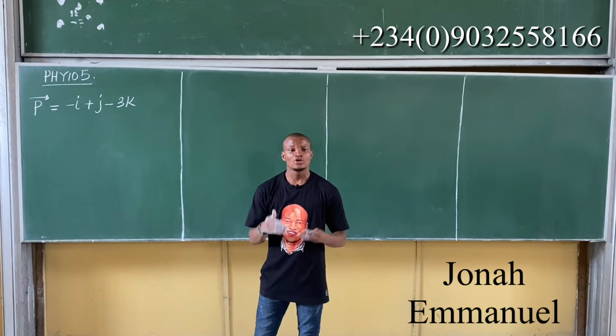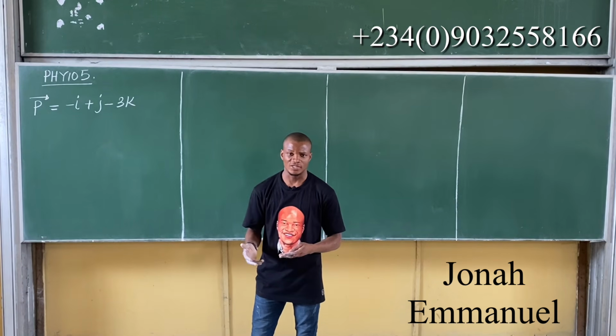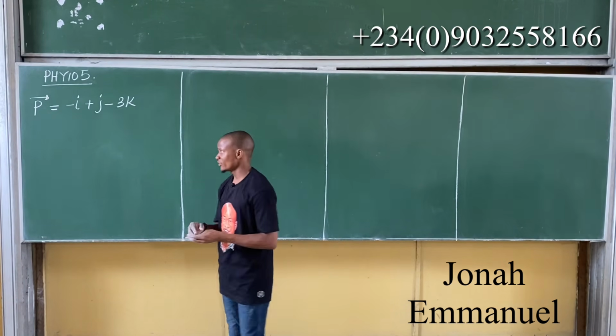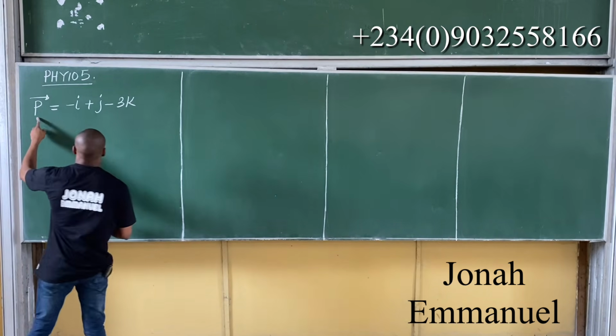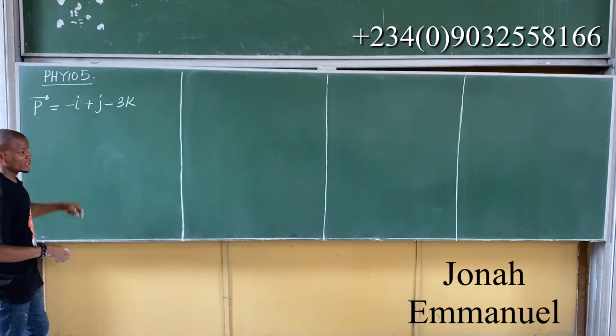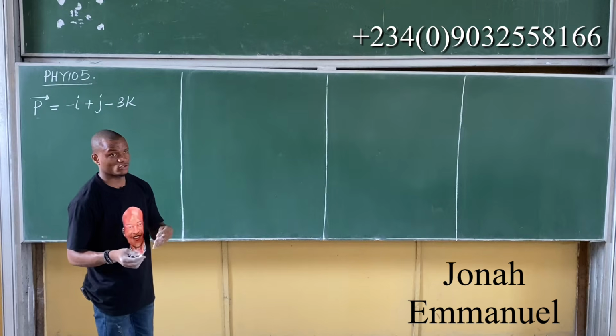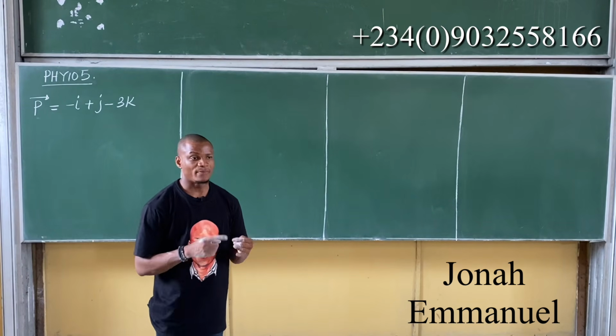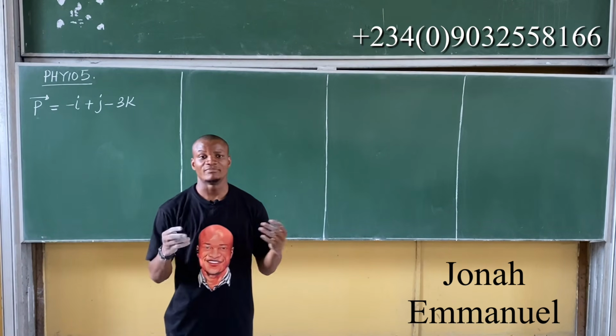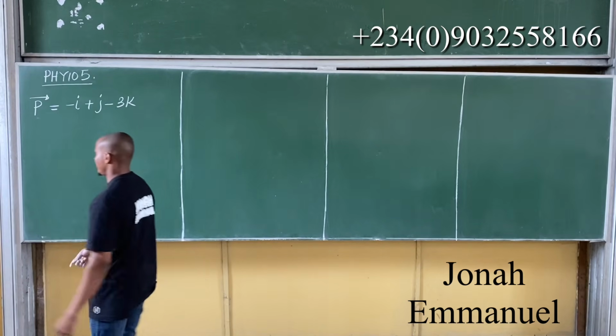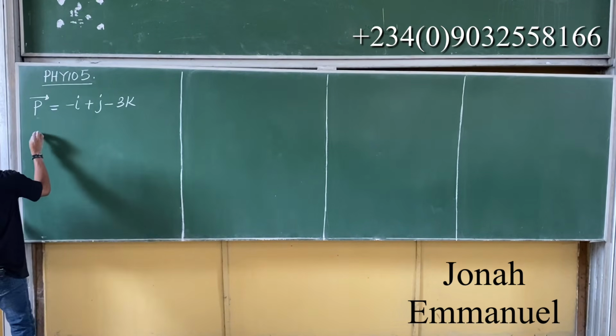So how do you solve unit vector for 3 coordinates? The same idea. Of course, this is your position vector. We said to get unit vector, you need 2 things: the position vector and the magnitude. So my first step here is to get the magnitude of the vector.